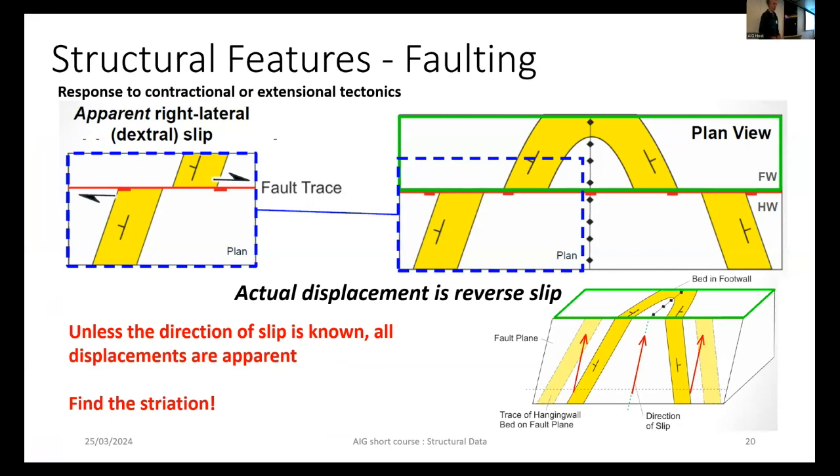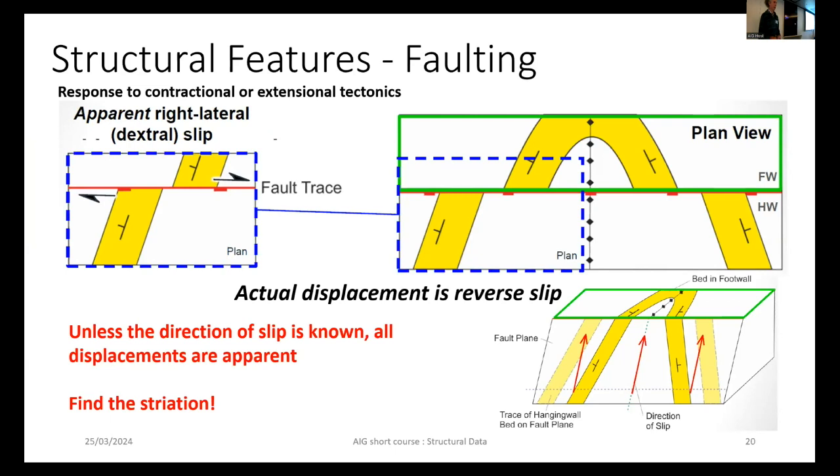If you look at the plan view on the bigger one, there's actually a normal fault on there. So what actually happened, this whole thing is an antiform. And what happened is that whatever was south of that normal fault has moved up. It's a reverse fault. It's not a normal fault. And as a result, you've got this apparent displacement of your unit to the left at the bottom part and to the right in the northern one.